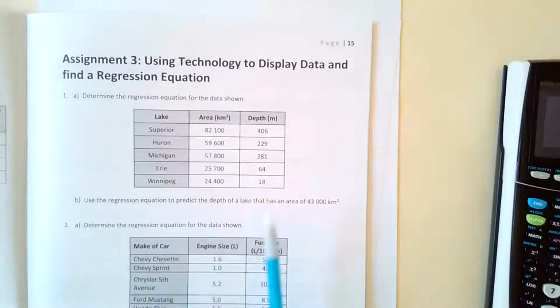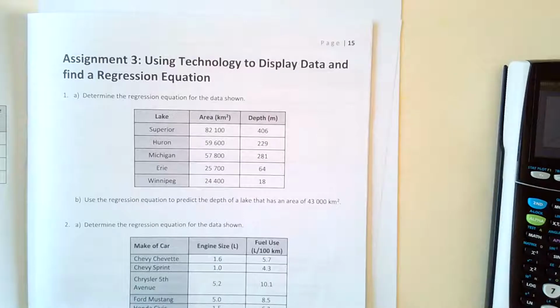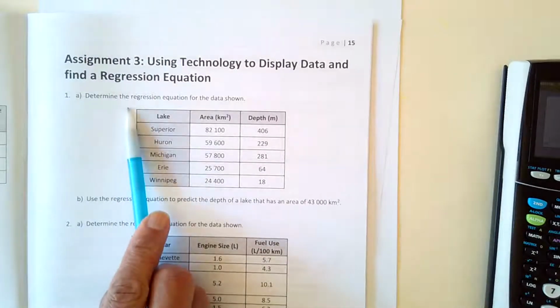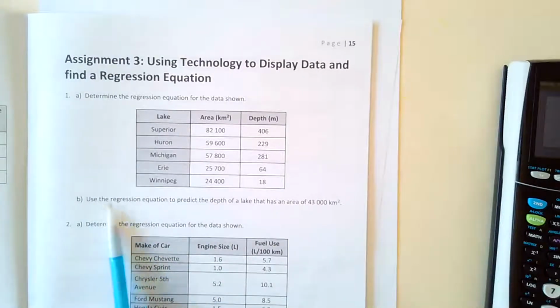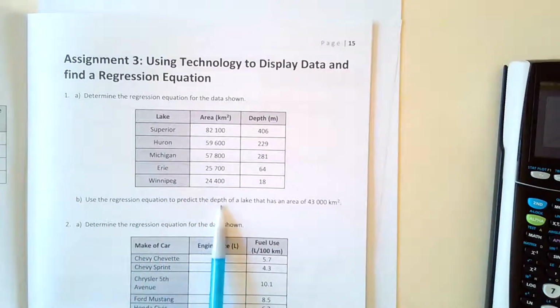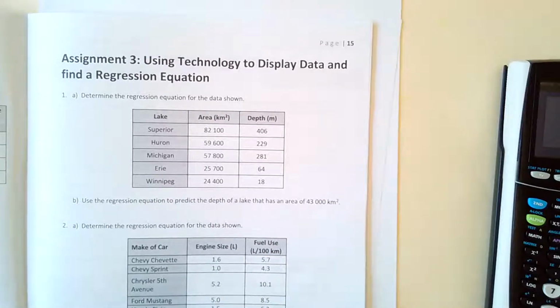But for now, I want you to attempt question 1, to determine the linear regression equation from this set of data and use the regression equation to predict the depth of a lake that has an area of 43,000 square kilometers.